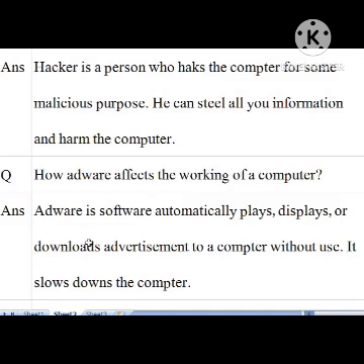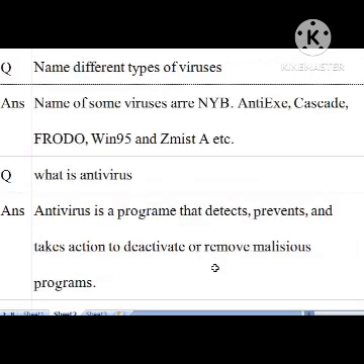Next question, computer class 8, how adware affects the working of the computer. Answer, adware is a software that automatically displays or downloads advertisements to the computer without use. It slows down the computer. Name different types of virus. Computer class 8.